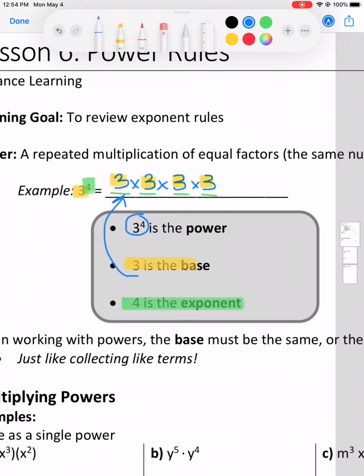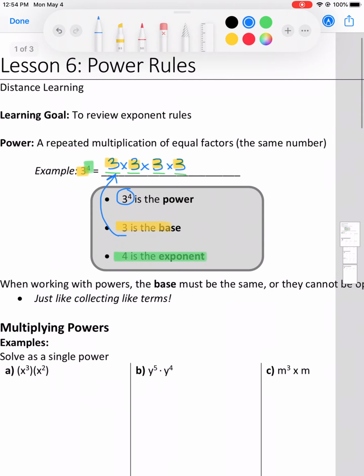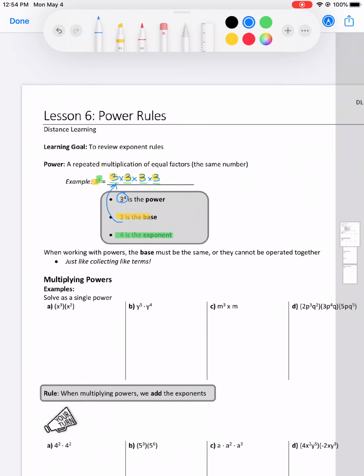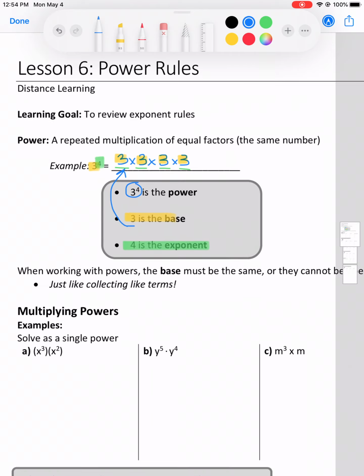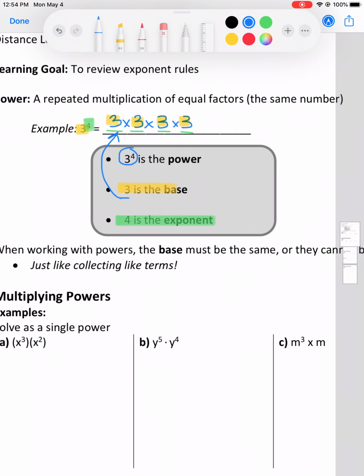So when working with powers, the base must be the same. They can't be operated together otherwise, and it's just like terms. We will be dealing with that later, but the bases have to be the same, just like collecting like terms.